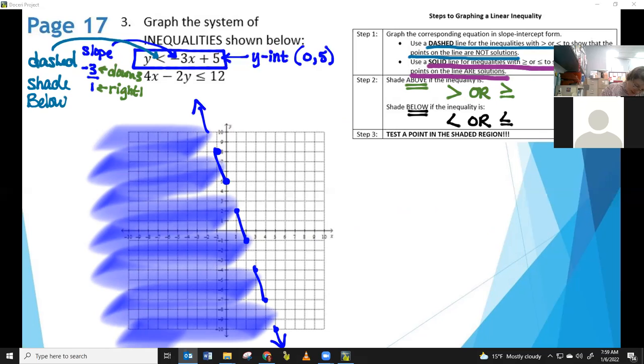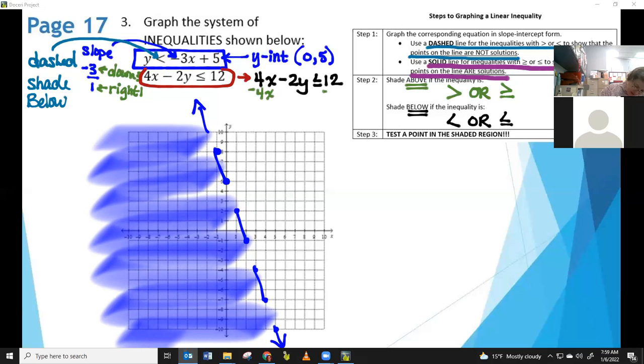Is this other line in slope-intercept form? No. I need to start off by putting it into slope-intercept form. So tell me what I need to do to get this in slope-intercept form. Minus 4x.